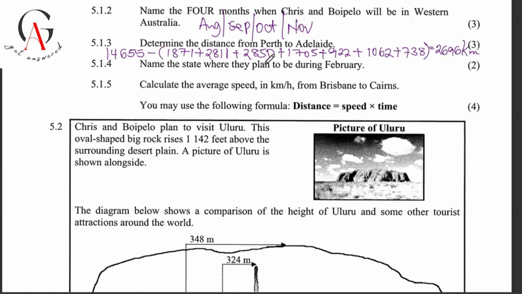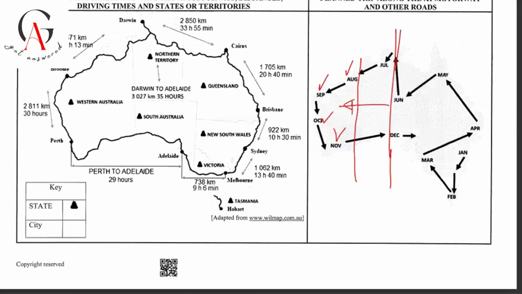Name the state where they plan to be during February. This is Feb. Which state is situated here? The state is represented by this. They plan to be there in February.